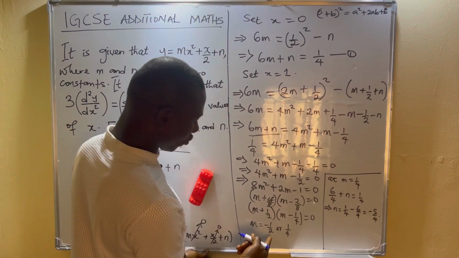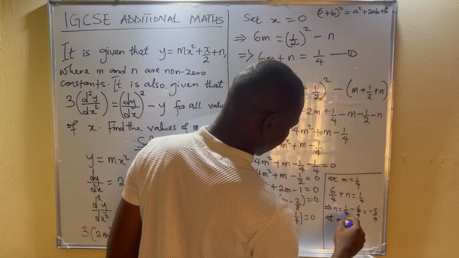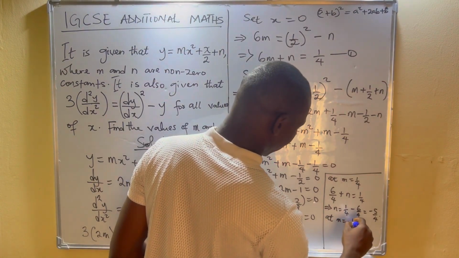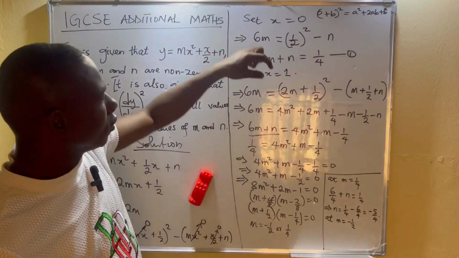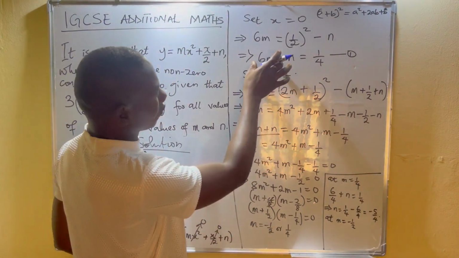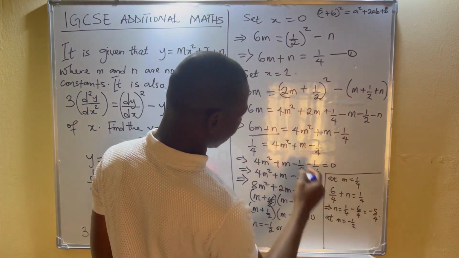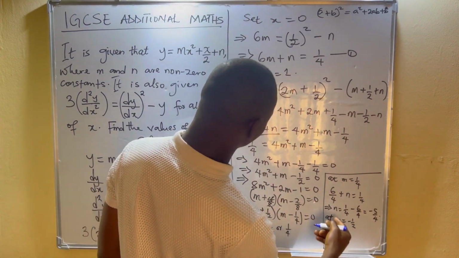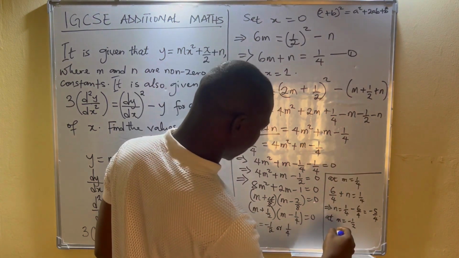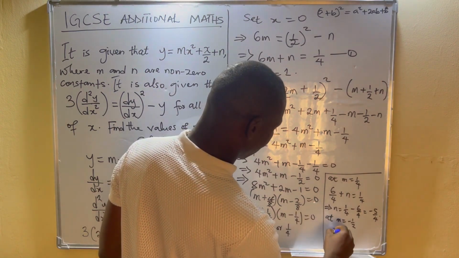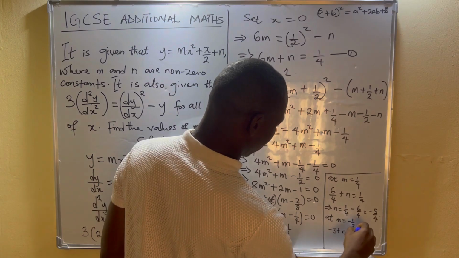Then let's go back to work with this m. At m equal to minus 1 over 2, we still go back here and substitute. We have that 6 times minus half will give me minus 6 over 2, which is minus 3. So I have minus 3 plus n here equal to 1 over 4.